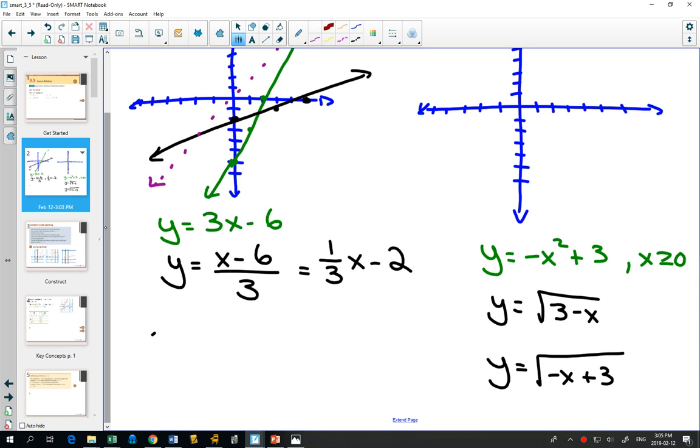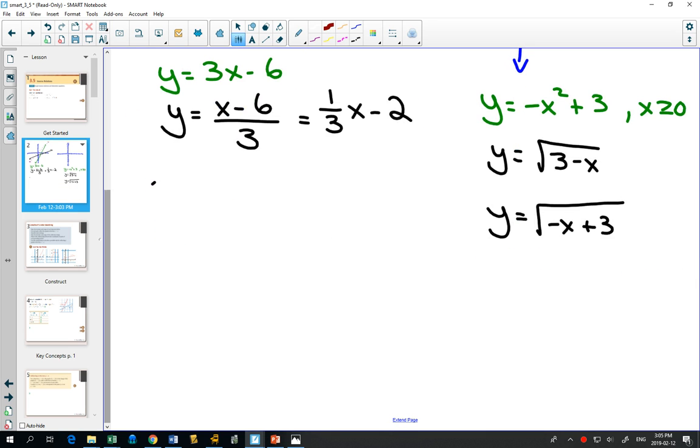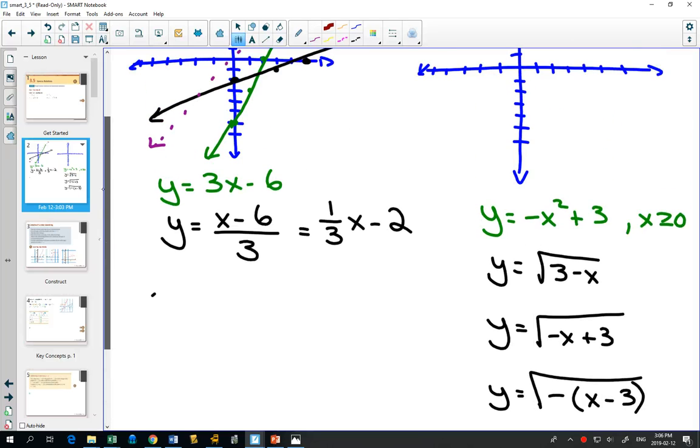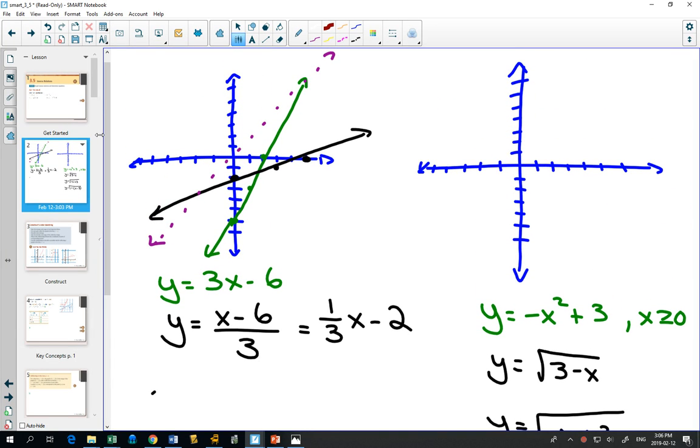And since this has a horizontal reflection and a horizontal translation, we would write it in factored form. So the green one first. It's a parabola, been flipped down, moved up 3 units. Over 1, down 1, over 2, down 3. And we only draw the part where x is bigger than or equal to 0. So I only draw that part of the parabola.